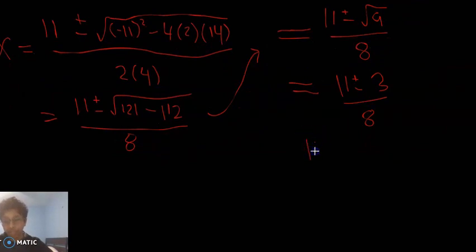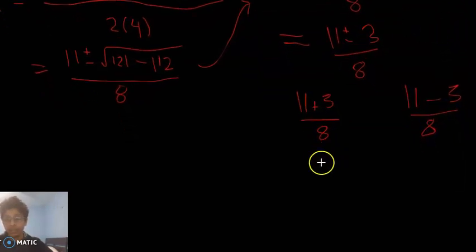So we have 11 plus 3 over 8, and we also have 11 minus 3 over 8. So 11 plus 3 is 14 over 8, and 11 minus 3 is 8, divided by 8 is 1.